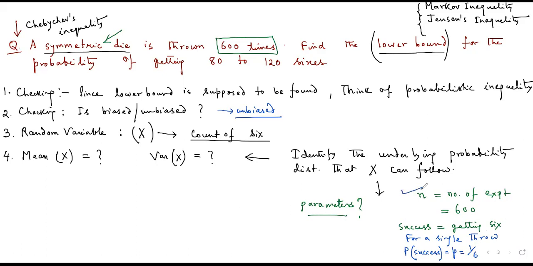So you see that we know n and we know p. So the probability distribution has been correctly identified. Try to understand what I am saying. I'm not saying that x is following the probability distribution, but I'm saying that x can follow it. It is valid to follow the probability distribution, which is binomial.